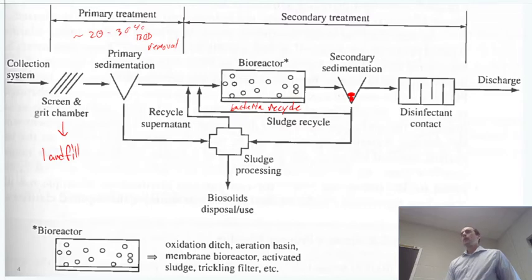Sometimes what we will do with that sludge processing is create biosolids, which, if you think about it, we've just given bacteria as much time as they could possibly want to eat a bunch of junk. And then we've collected those bacteria. And so then it's going to be a little bit like soil in a sense.